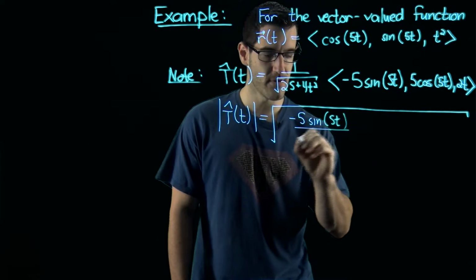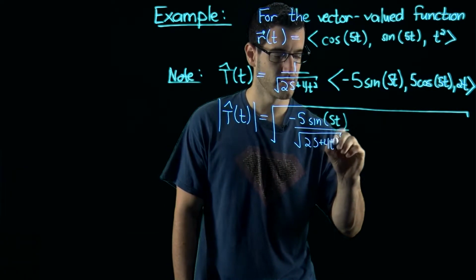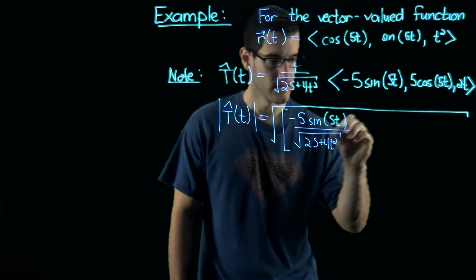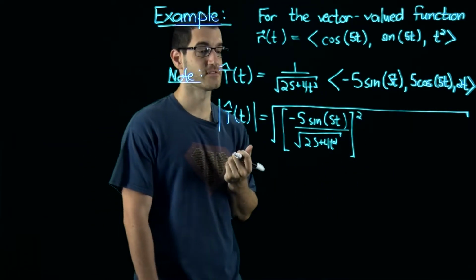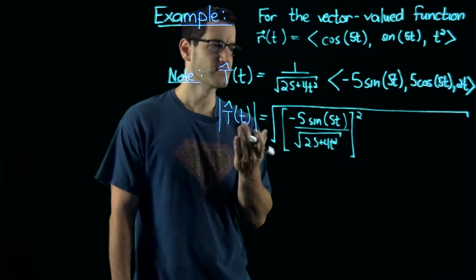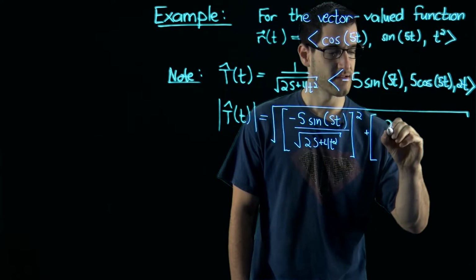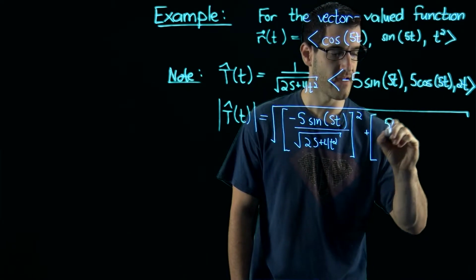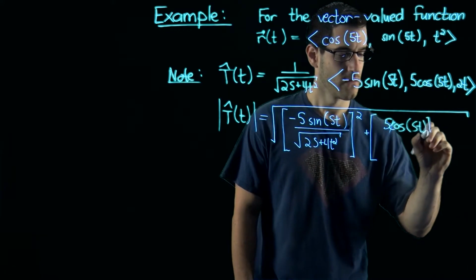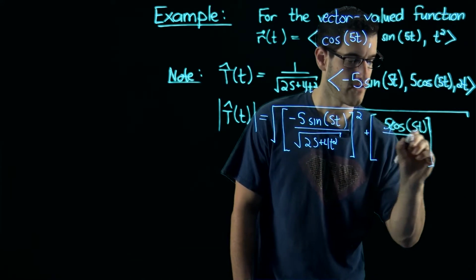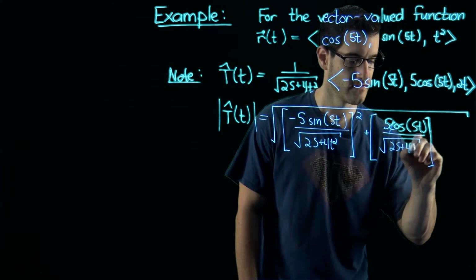So this first component looks like this, and we have to square it. All right, so this little function of 1 over root 25 plus 4t squared on the outside would be distributed to each component. So the second component here is going to be 5 times cosine of 5t, and we're going to divide all of that by that root 25 plus 4t squared.